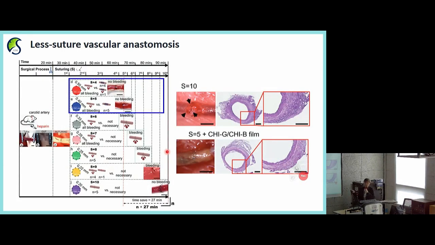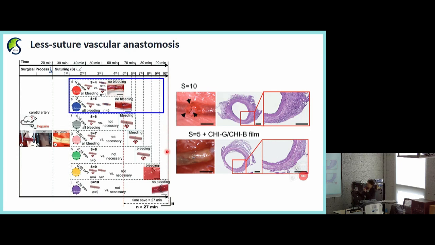Actually, we wanted to check a no-suture method using this film, but it does not have enough adhesion properties for the no-suture method. So we simply checked how many sutures we need for stable sealing plus film.